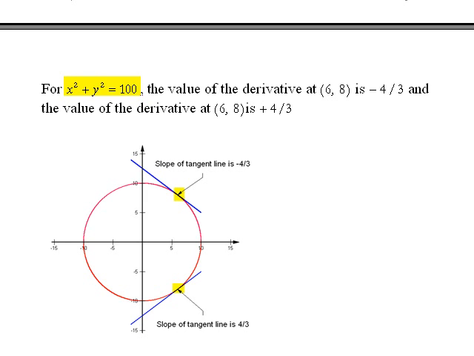So for figures that do not represent functions, you will end up with y, the dependent variable, as part of the derivative, and that's okay. So to reiterate, we use implicit differentiation when we do not have the dependent variable separated out on one side of the equal sign. Then when we carry out the derivative, we just apply the differential operator to both sides and work through the problem.